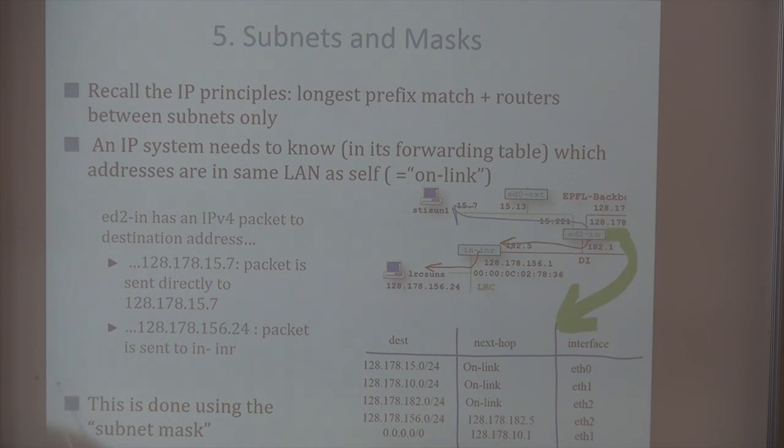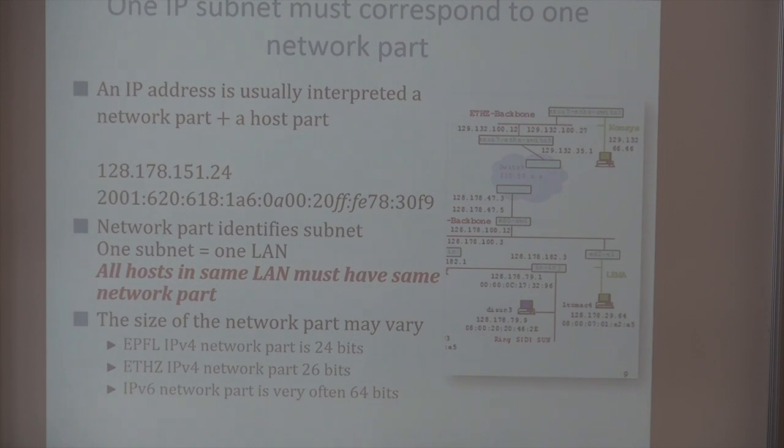It's all done by configuration and software. You can do it, but it's in principle against the IP principle. So it means 2 subnets cannot have the same subnet part. As for NAT, you can start playing with violations and see what happens. The principle is that it should not happen. In other words, one IP subnet must correspond to one network part.